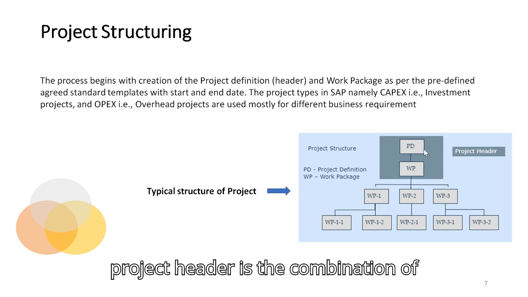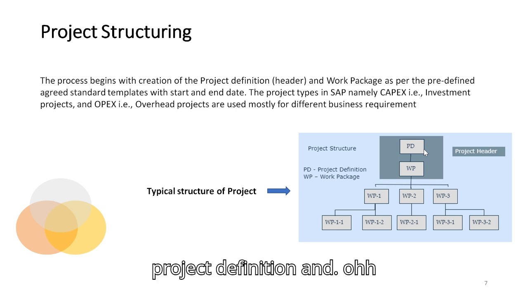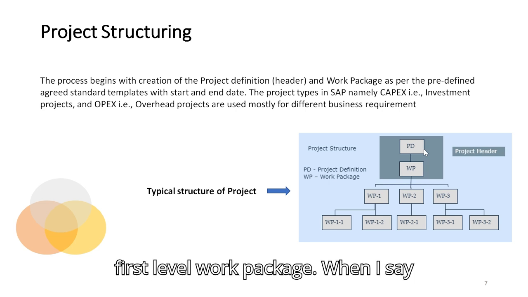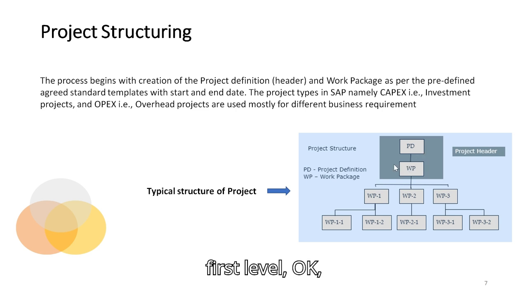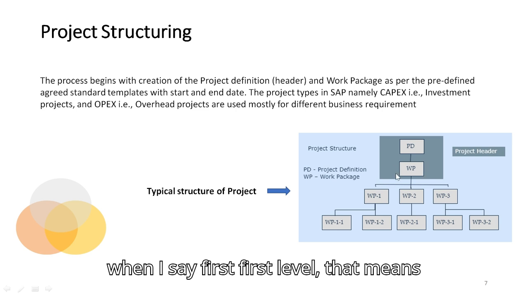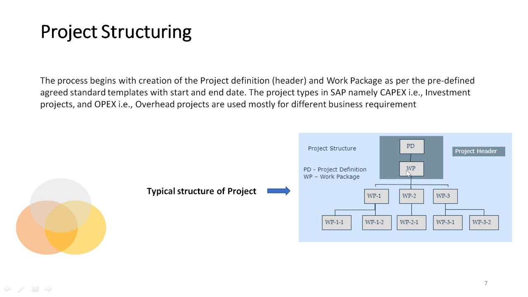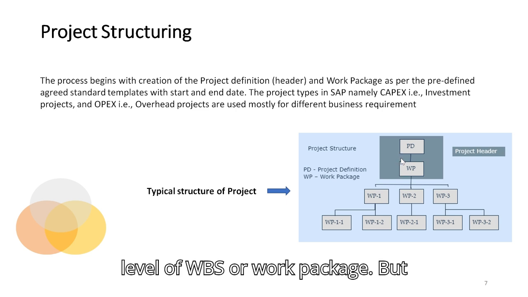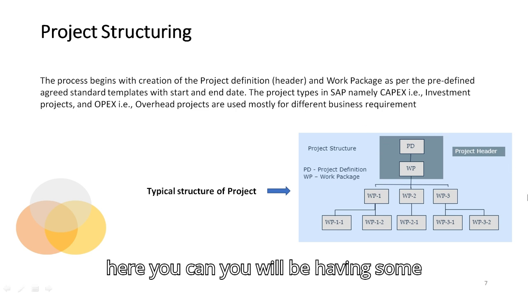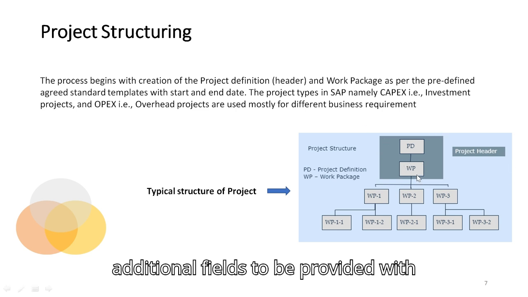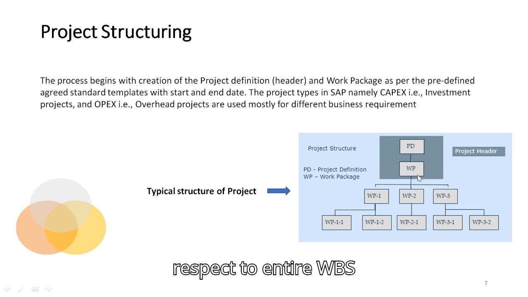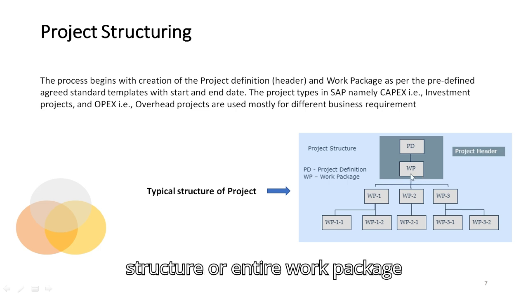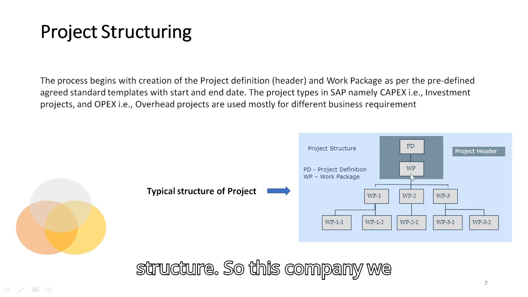We can call both together a project header, where the project header is the combination of the project definition and the first level work package. When I say first level, that means whatever data you have in the project definition is copied to the first level of WBS or work package. But here you will have some additional fields to be provided with respect to the entire WBS structure or work package structure.